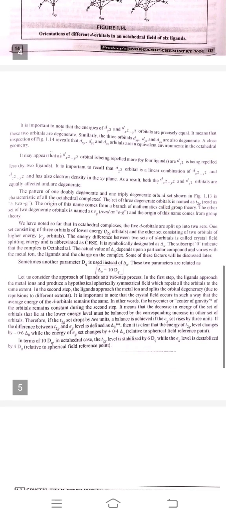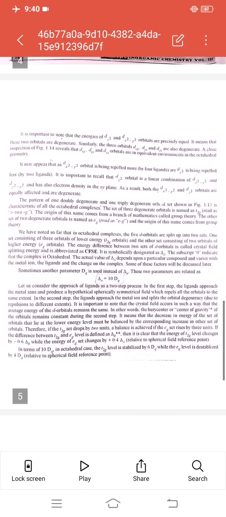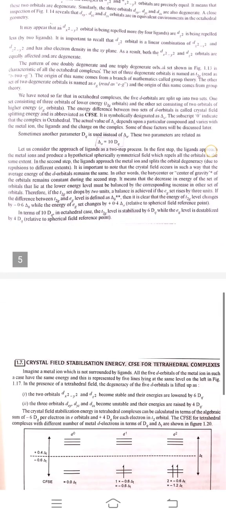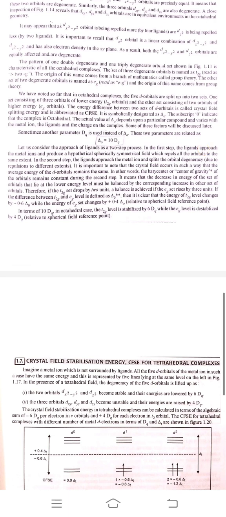It's important to note that the energies of the dz square and dx square minus y square orbitals are precisely equal. It means that these orbitals are degenerate. Similarly, the three orbitals dxy, dyz and dzx are also degenerate. A close inspection of the figure reveals that dxy, dyz and dzx orbitals are in equivalent environments in the octahedral geometry.